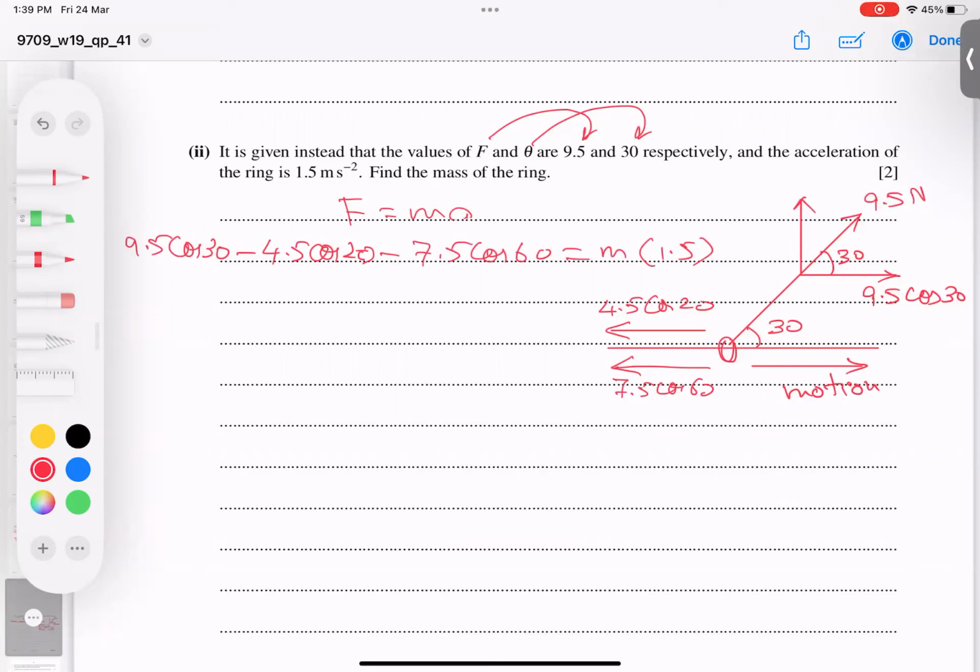So now it's just a matter of typing in the calculator: 9.5 times cos 30 minus 4.5 times cos 20 minus 7.5 times cos 60, and this answer divided by 1.5. I think it is clear. So the mass comes out to 0.166 kilograms. I hope the point is very clear.